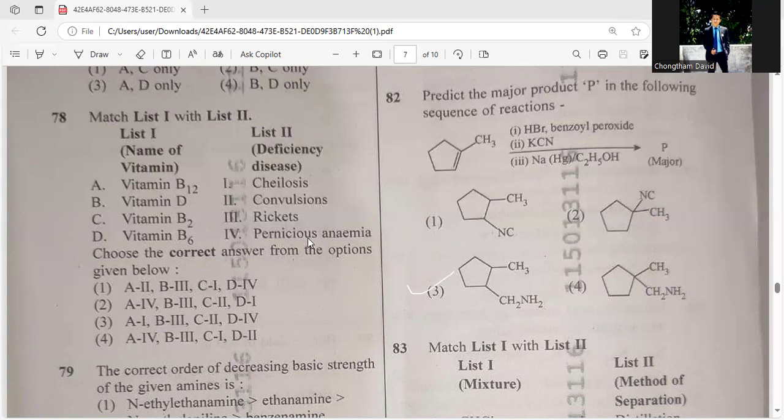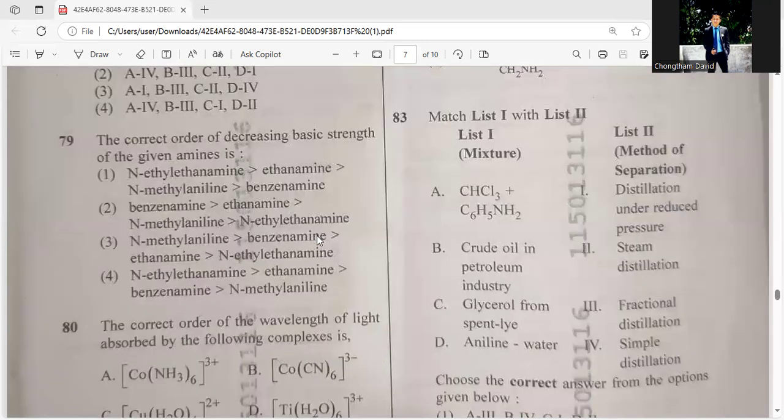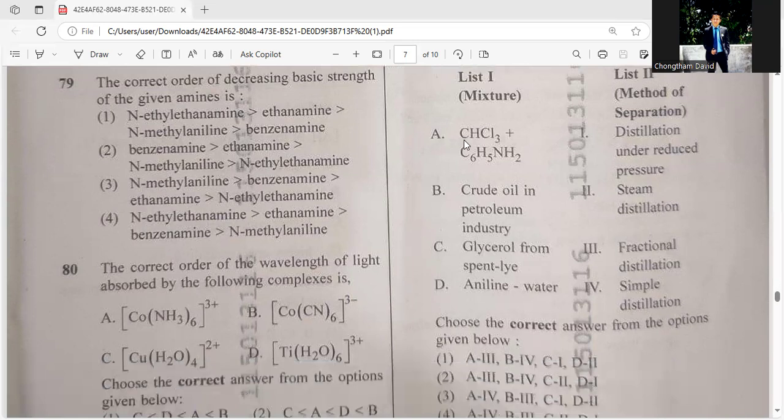Let us see question number 83. Match the column. Easy question again. Chloroform and amine can be separated. Both are liquids, so they can be separated by simple distillation.